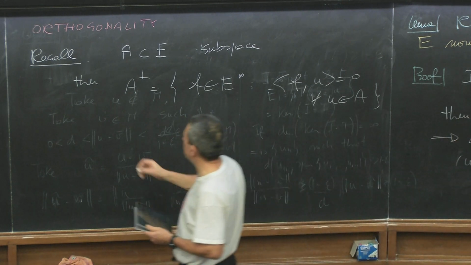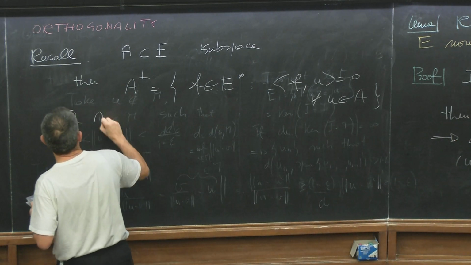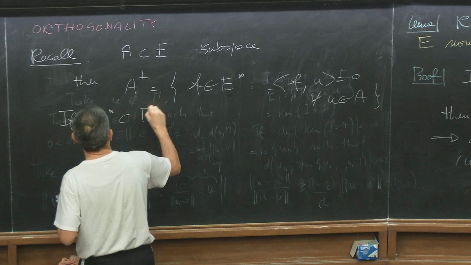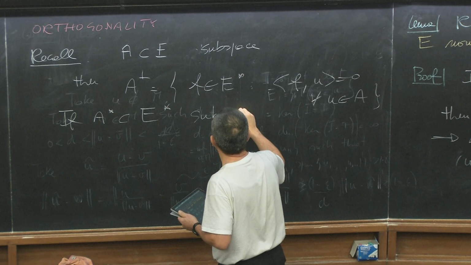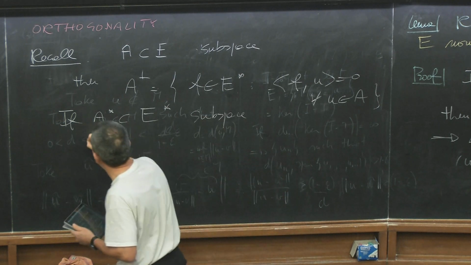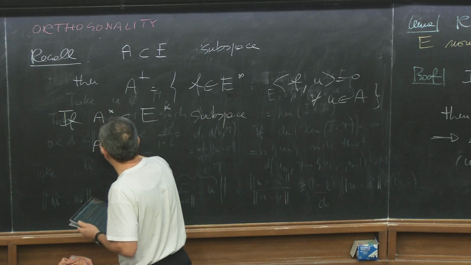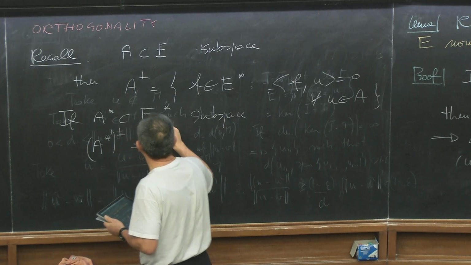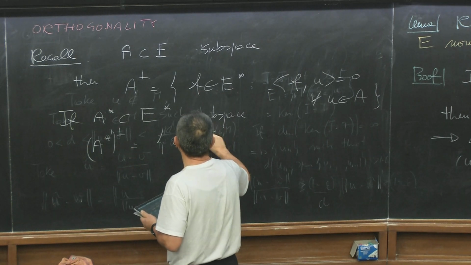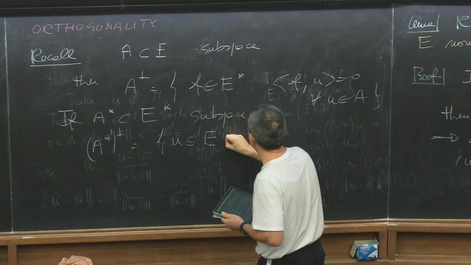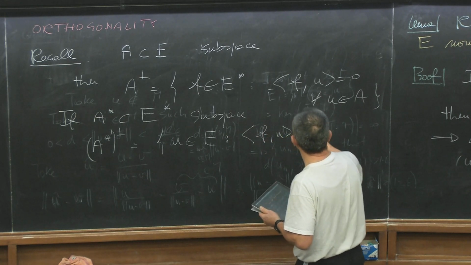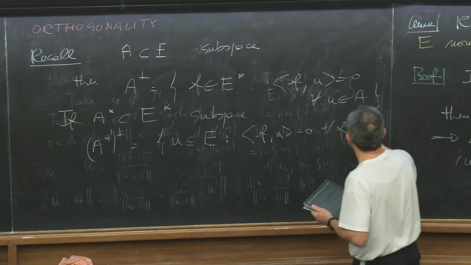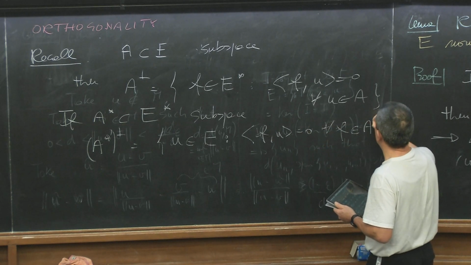And vice versa, if A star is a subspace in E star, then A star orthogonal is all the U in E such that F U is equal to 0 for all F in A star.